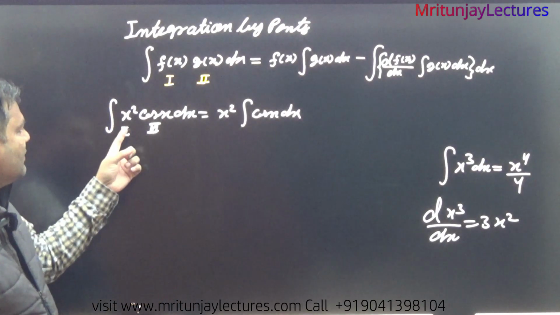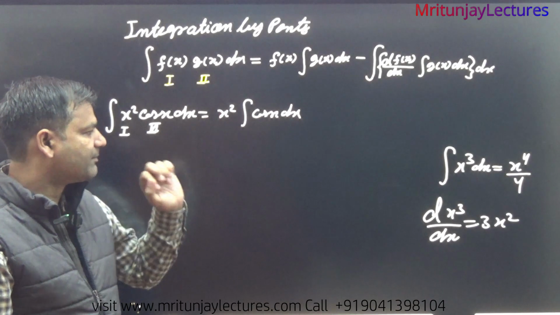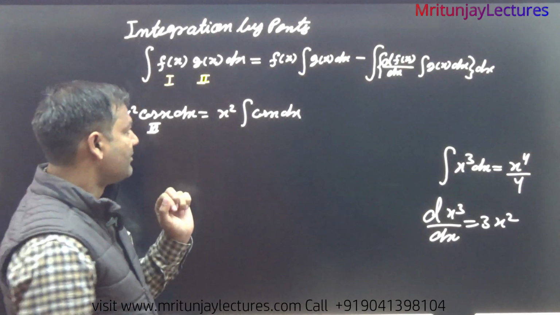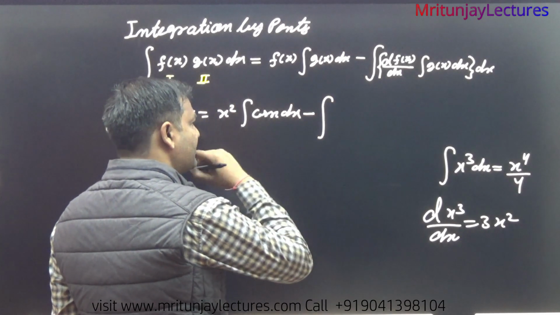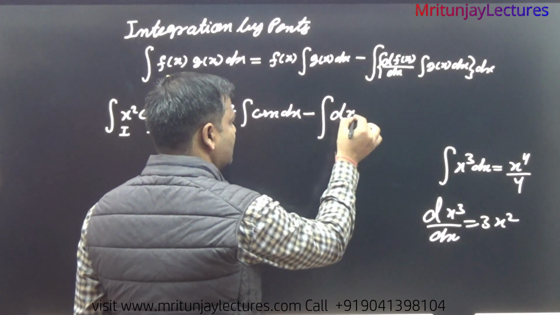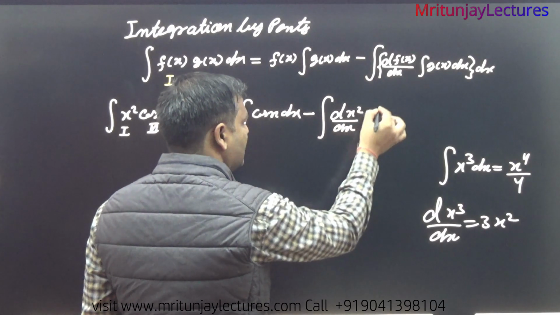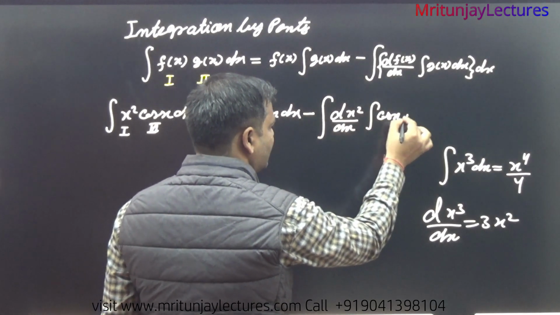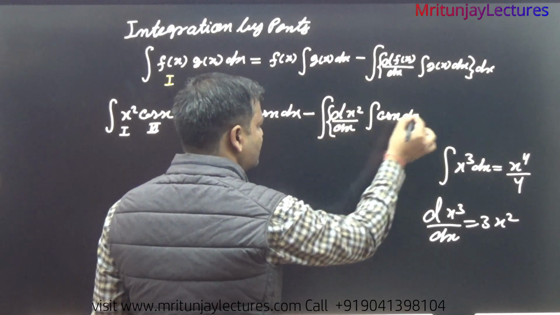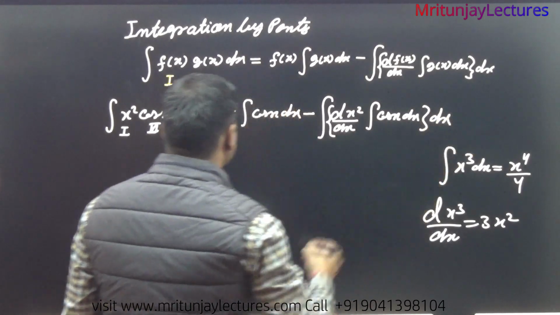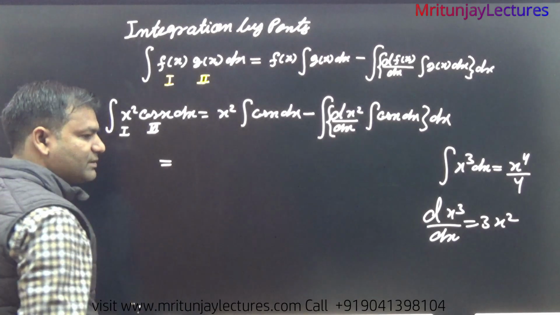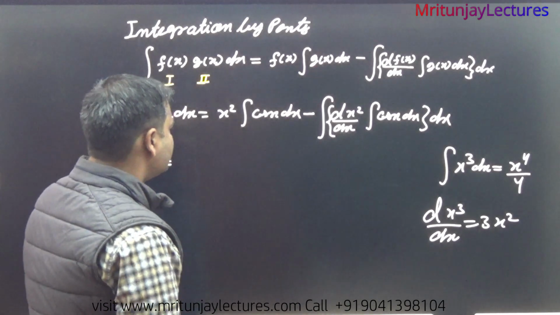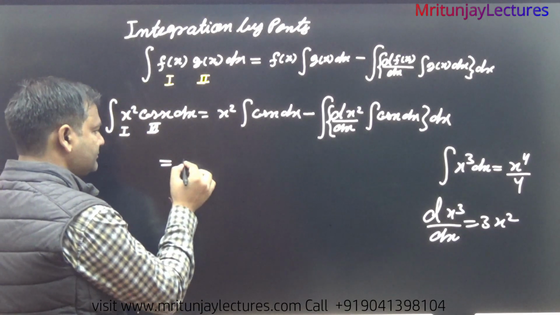So how can we do it? First into integration of second, minus integration of differentiation of first function x square by dx and integration of second, dx. Now after that, integration of cos x, that is sin x.